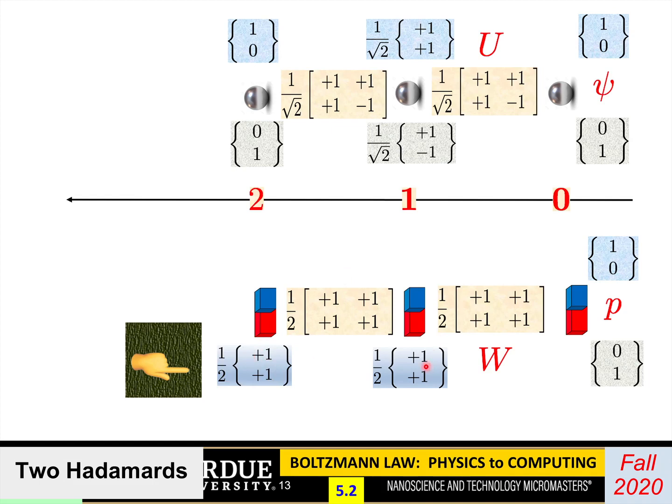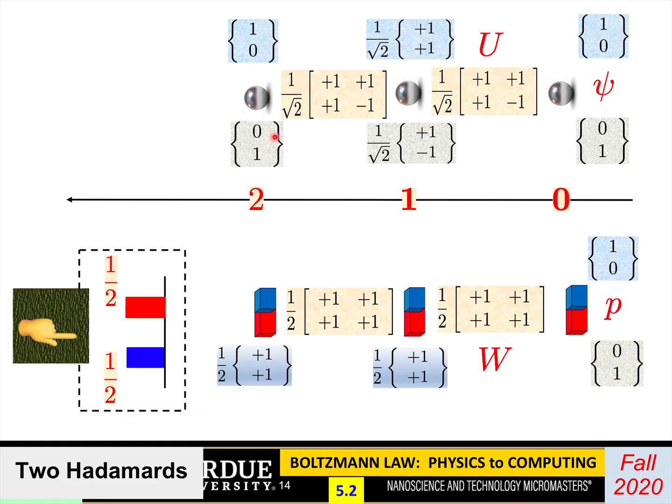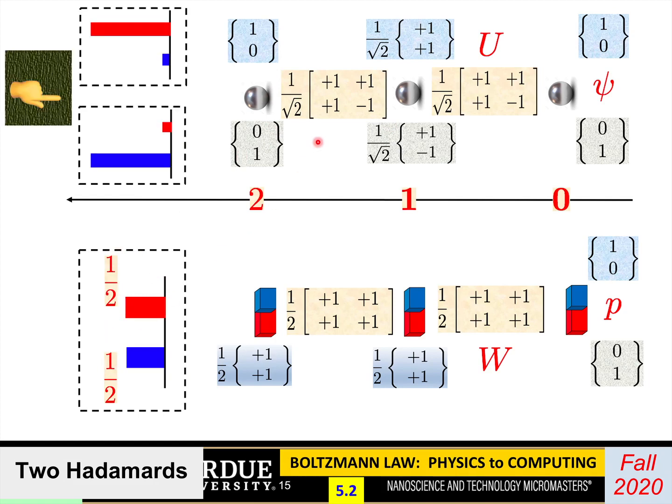So here it doesn't change, but here there is a big change. Now if you look at the probability distribution, classically you'd get 50 up, 50 down, half-half. Whereas with the Hadamard gate, if you had started all up, you'd be all up. If you started all down, you'd be all down.